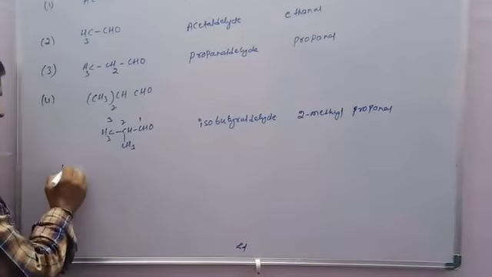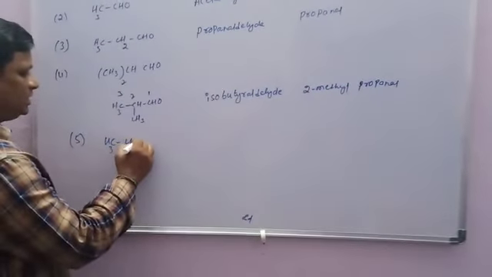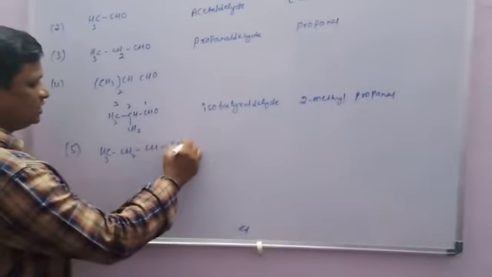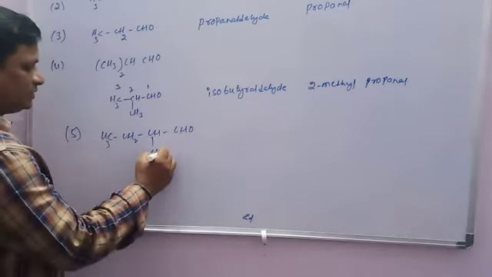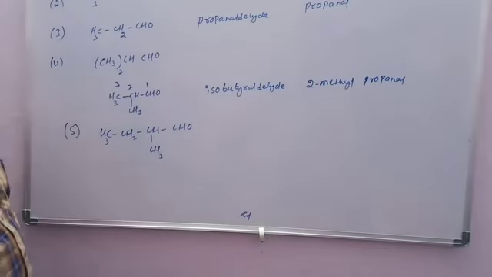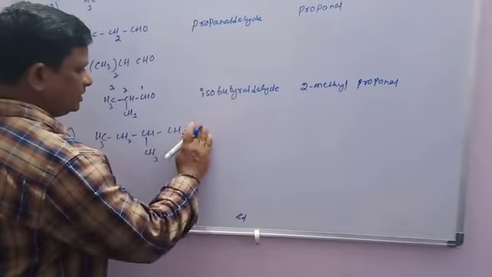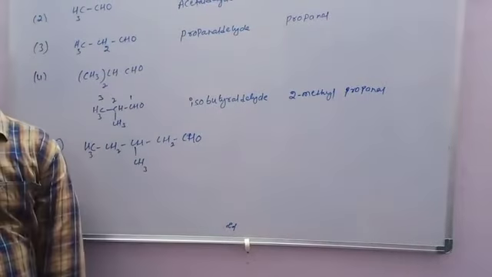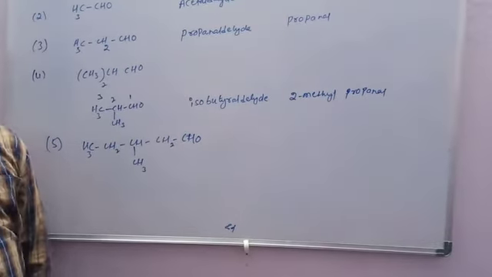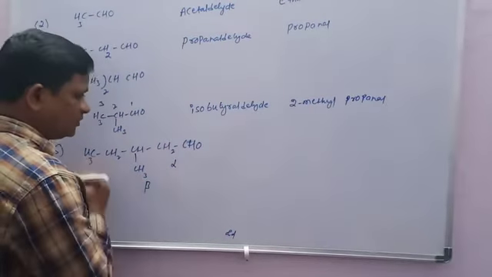The next compound is CH3CH2CH(CH3)CH2CHO. The common name of the compound is beta-methylvaraldehyde. The CH2 next to CHO is the alpha carbon, and the next is the beta carbon, which has the methyl group.